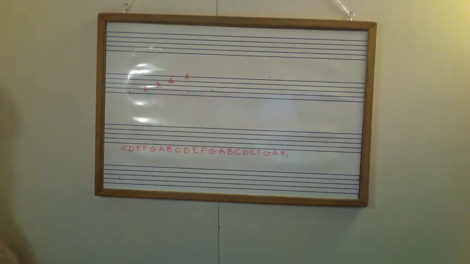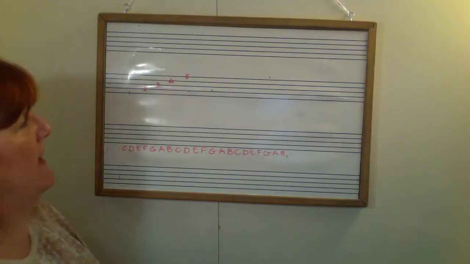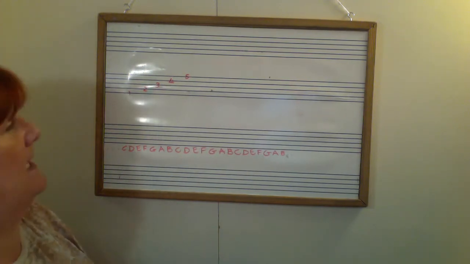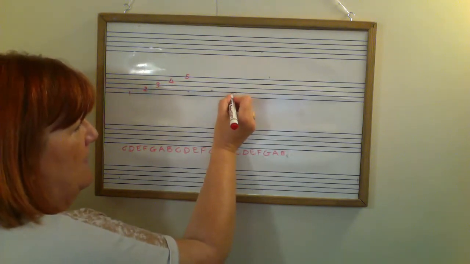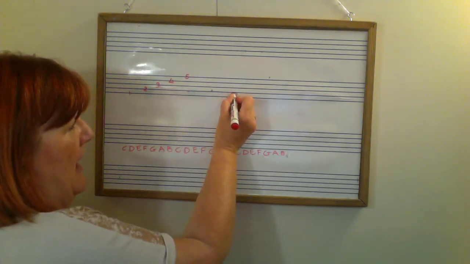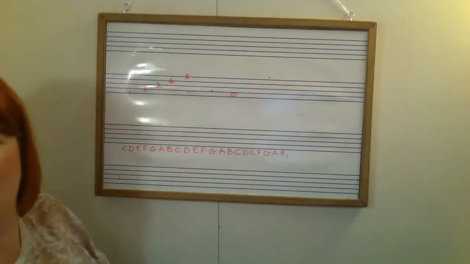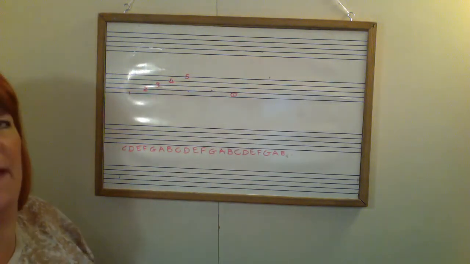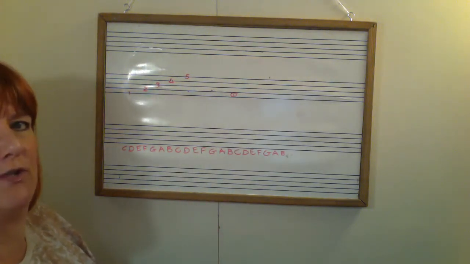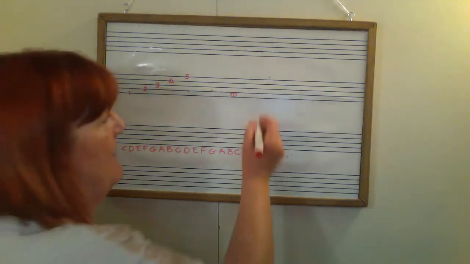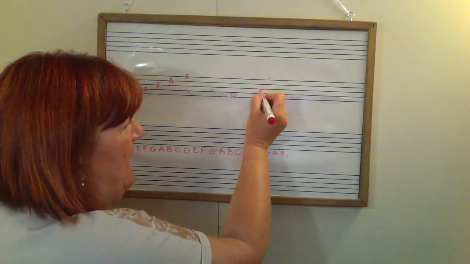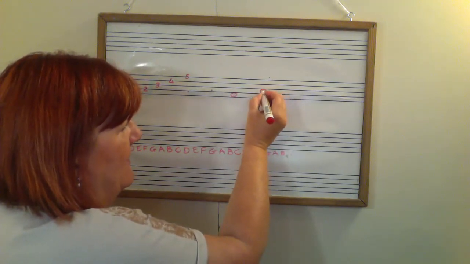And then I'm just going to scoot across so I can draw in the spaces. Now, here is the first space. So I'm going to just make a little circle and put the number in there. I hope you can see it's not too far away. I think it'll be all right when you have it on your TV or your screen of your computer at home. And then the second space is here.